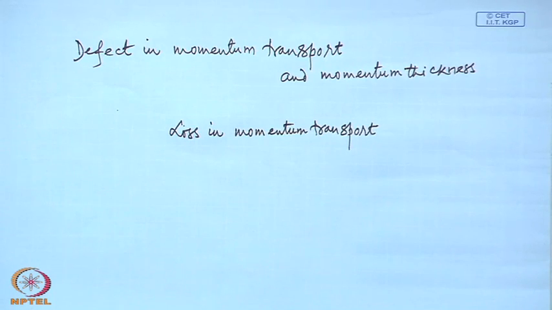How much will it be? Loss in mass transport we have already seen, rho into u e minus u. That rho of course we dropped, but in actual calculation you can keep rho.